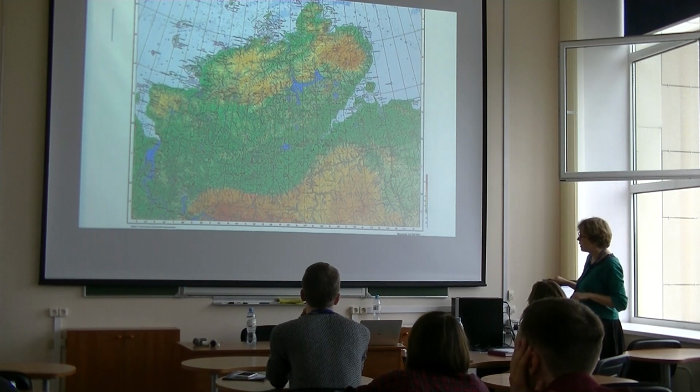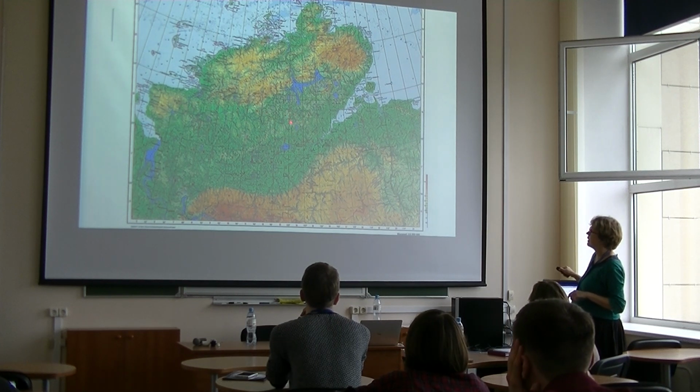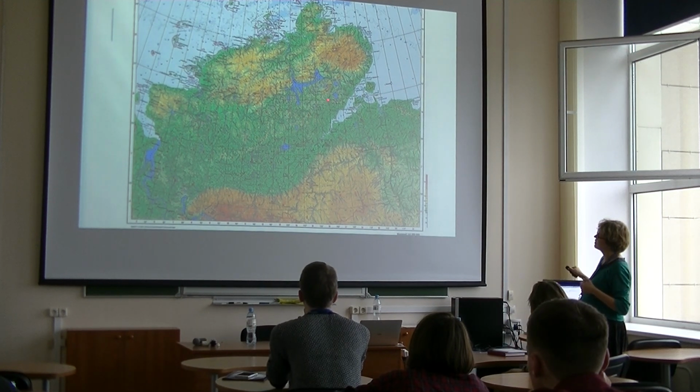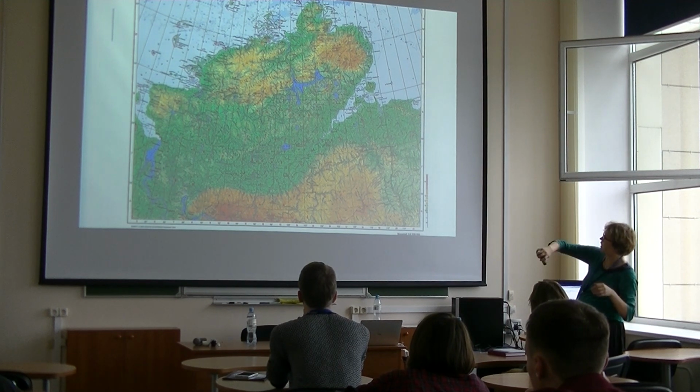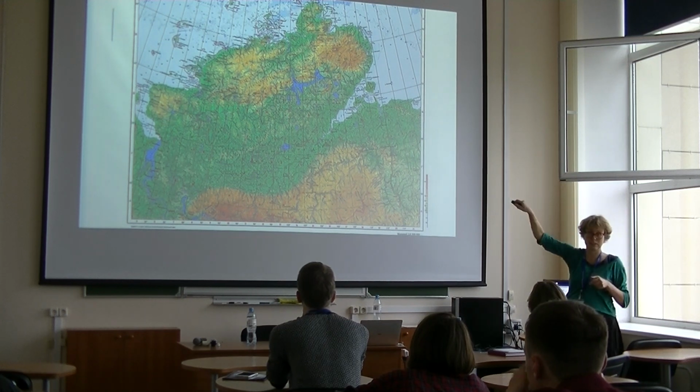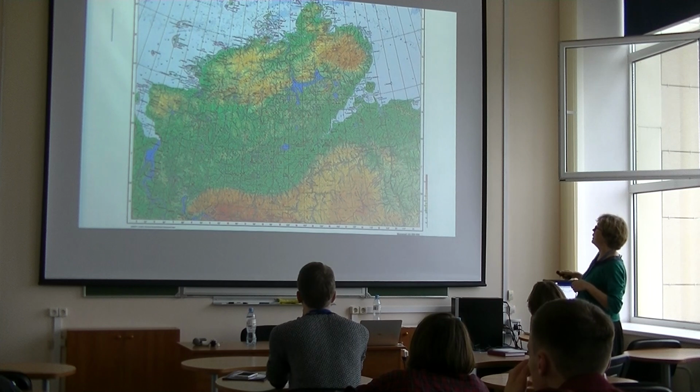And this is tundra, and part of it is forest tundra. Basically, the southern part of it, the tree line goes somewhere here, and the tree line goes from southwest to northeast. It doesn't go by parallel.